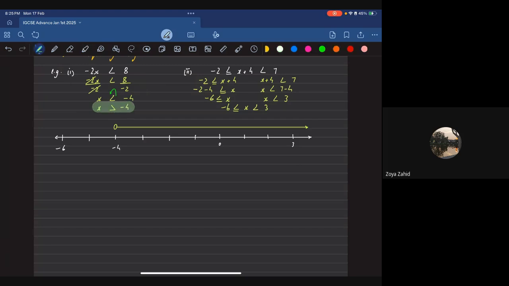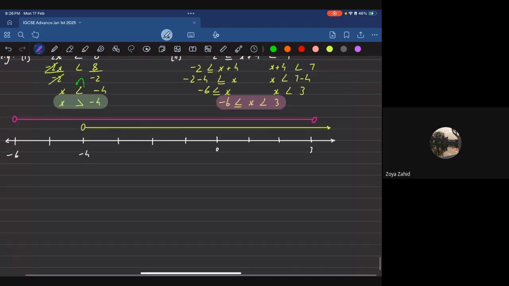All right. Now let's look at the other one. I'm going to label it with pink. So, for example, now it says minus 6 is inclusive of x, and x needs to be less than 3. So it's going to be like this.